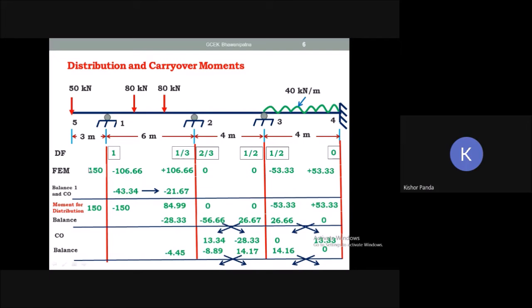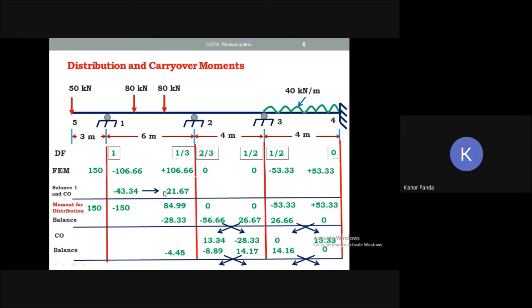Here you got the unbalanced moment, plus 43.34, and this moment you have to multiply with 1 and put in the opposite sign here, so that the joint is balanced. Minus 43.34. Here this is 150, and this side also you got minus 150. So this is balanced.